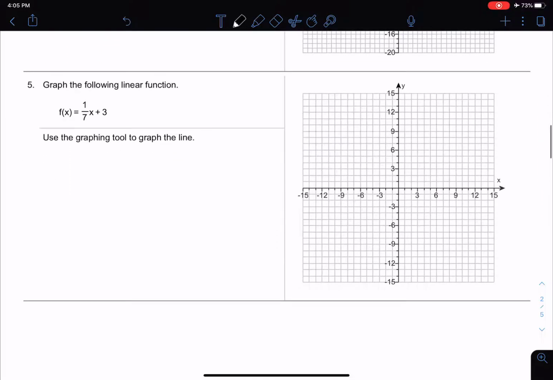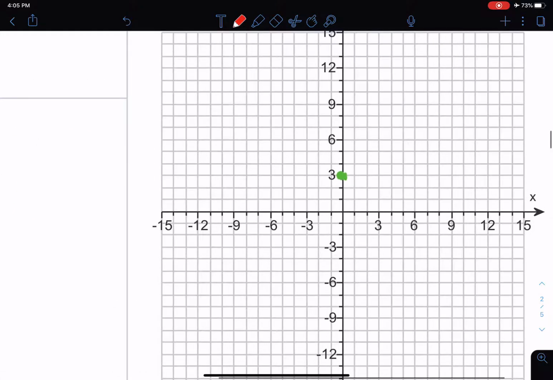Moving on to the next, our y-intercept once again is that b value. So we start at positive 3. And it says that the slope is a fraction, which we always like to write the slope as a fraction anyhow. That means go up 1, right 7. Starting right here, we go up 1 and right 1, 2, 3, 4, 5, 6, 7.